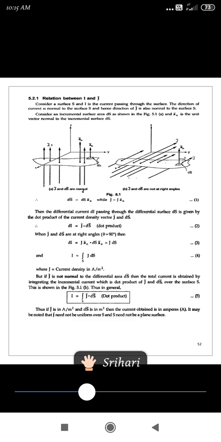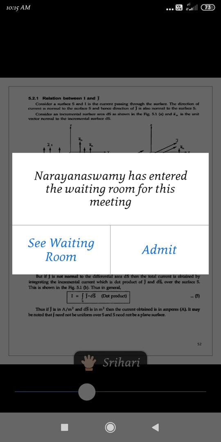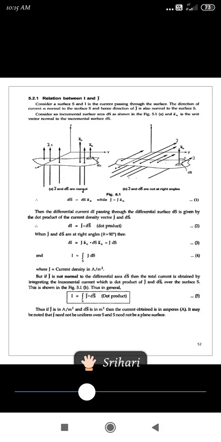The direction of current is normal to the surface S, and the direction of J is also normal to the surface S. Consider an incremental surface area, shown in the figure below. This area is covered by a particular current value, and how much area is covered by that current, or how many consumers are attached to that current.